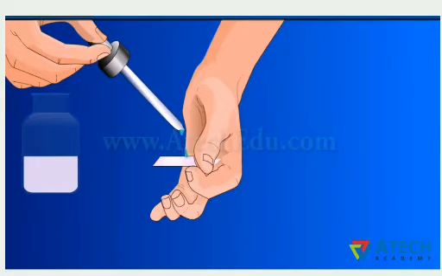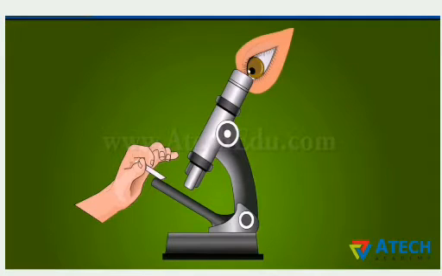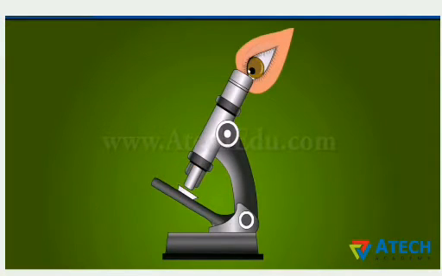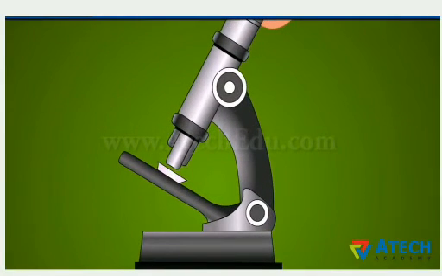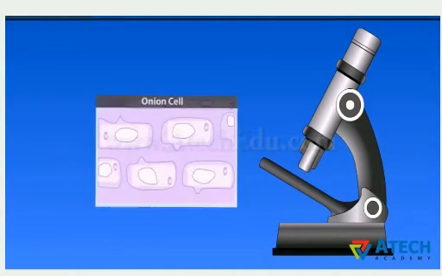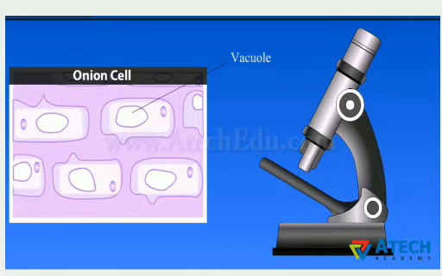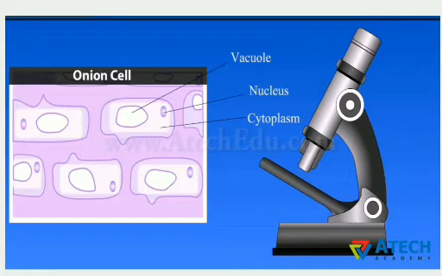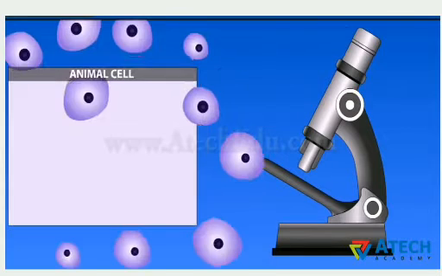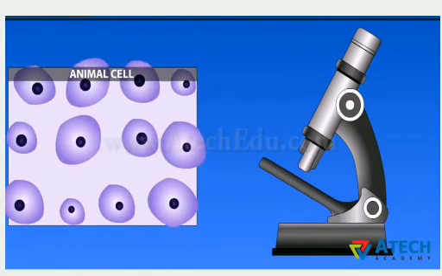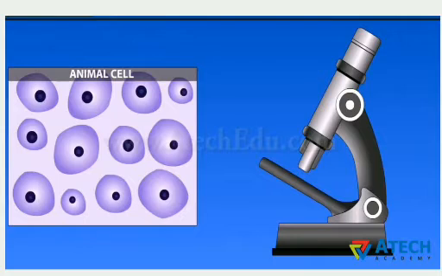Light reflected from the mirror reaches the object and the magnified object of the sample is seen. The small microscopic structures that are seen in an onion peel are the basic building units of the onion bulb. Each cell consists of a vacuole, nucleus, and cytoplasm. Similarly, when a thin skin sample of an animal is seen under a microscope, similar basic units are observed. These cells have dark nuclei at the center.